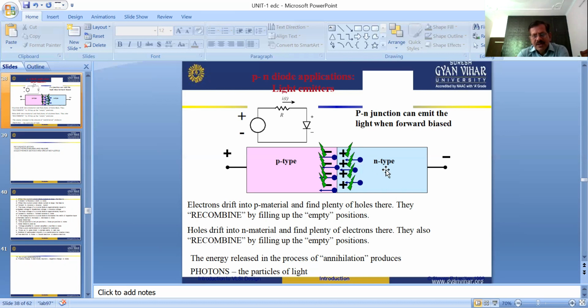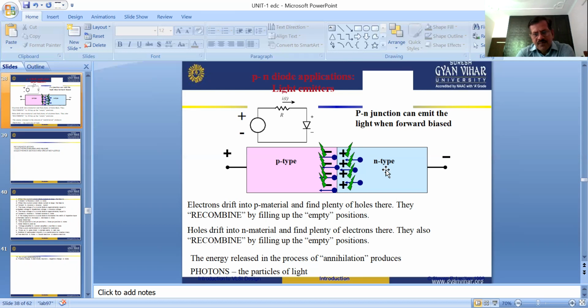But on the N side the number of electrons is more as compared to holes. So the electrons here are majority charge carriers and holes are, sorry, positive charge carriers.